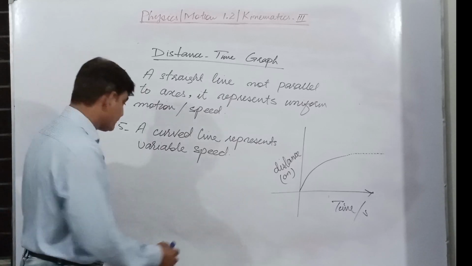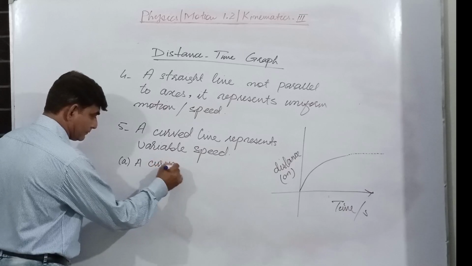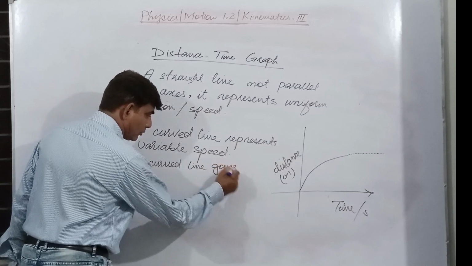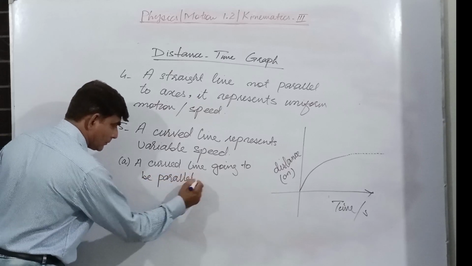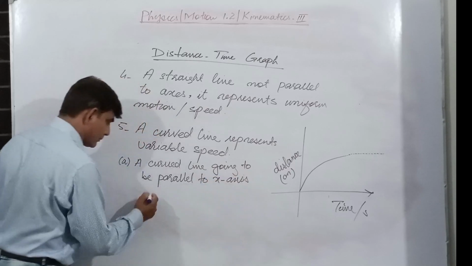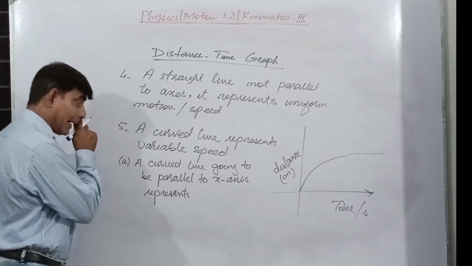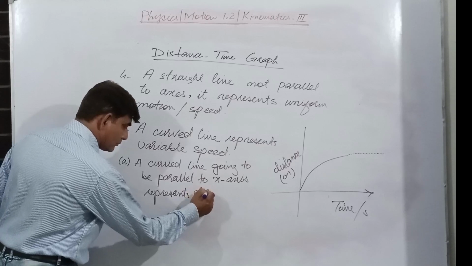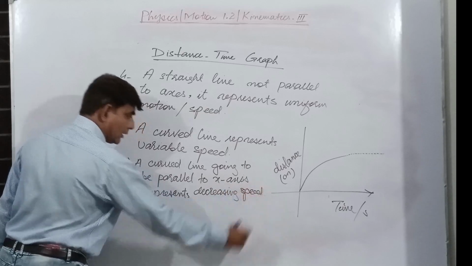How? Listen, a curved line going to be parallel to time axis or x-axis represents decreasing speed.